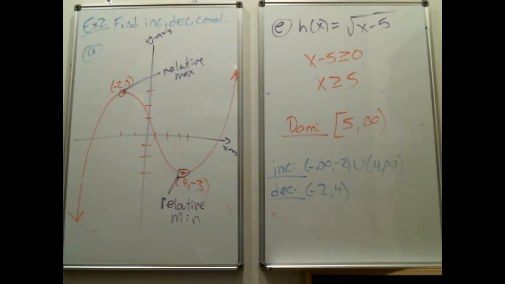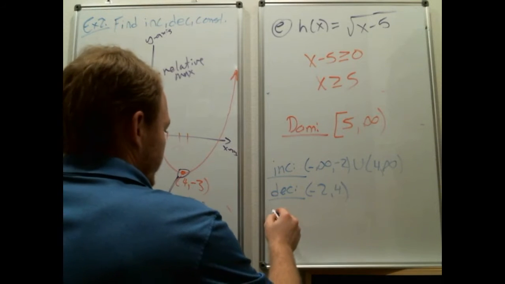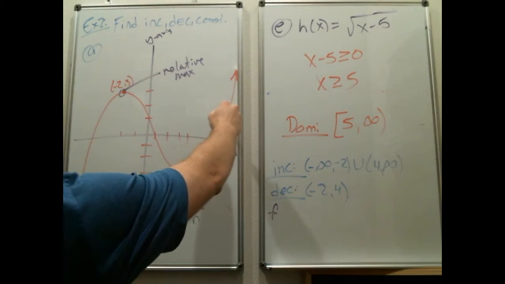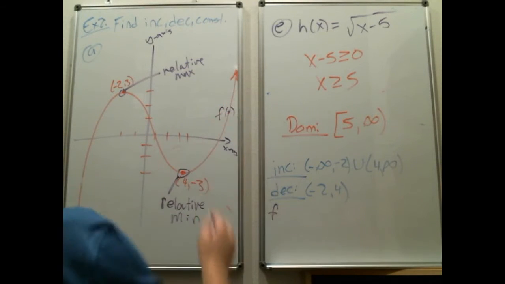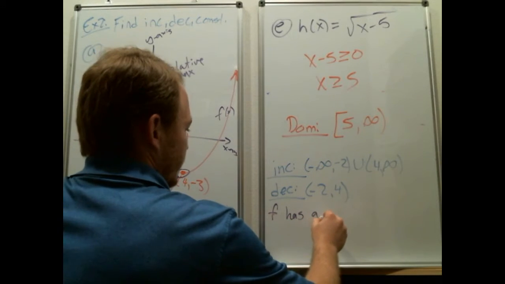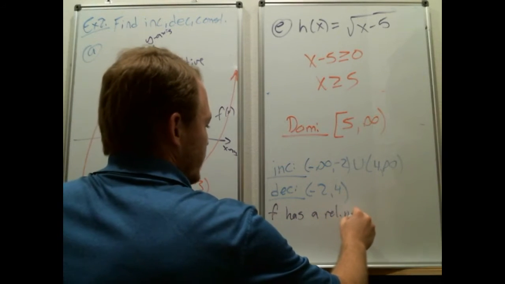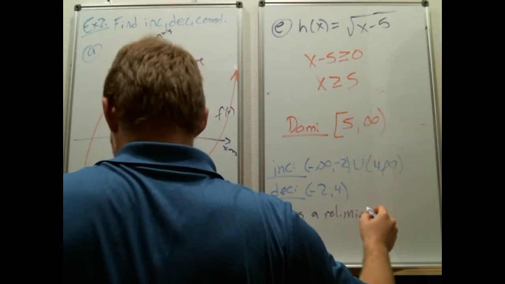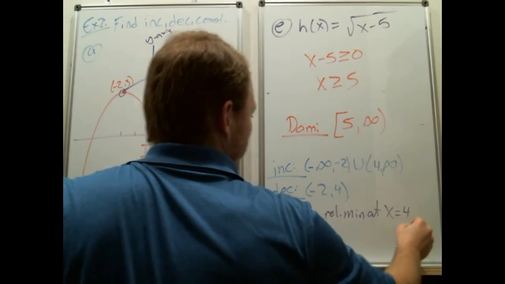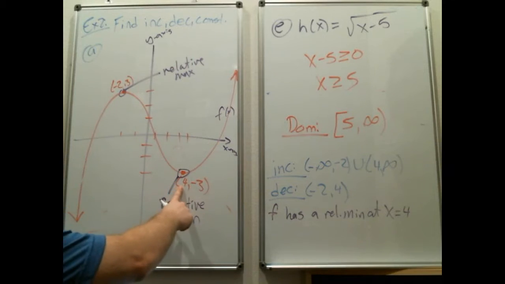So I'll just give you one example of how they did it in the past. They say f, which we'll call this red function f of x. F has a relative min at x equals 4. So that's this point here I identified.